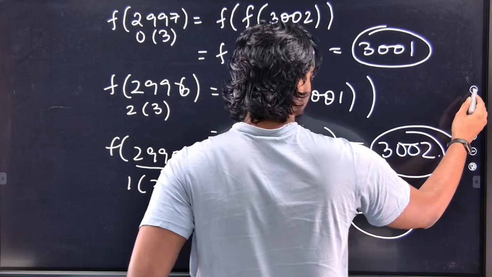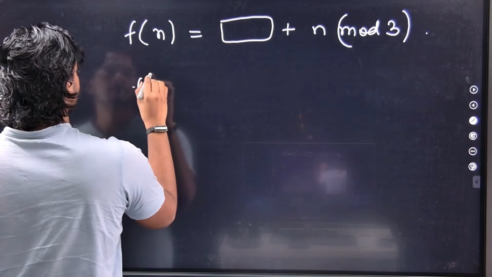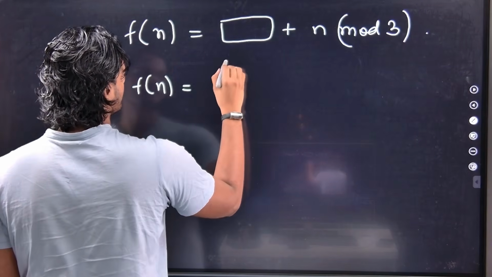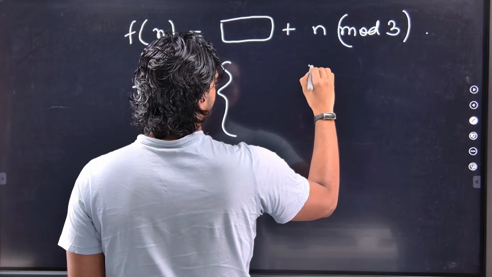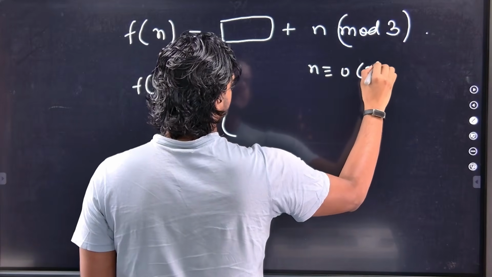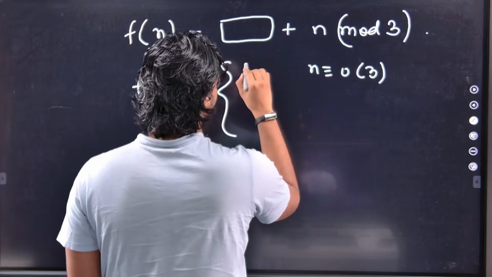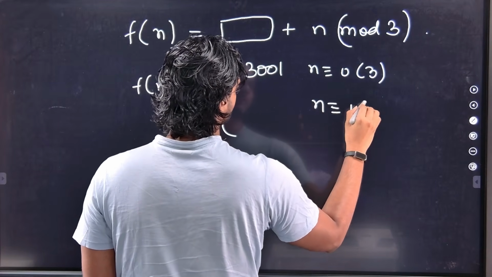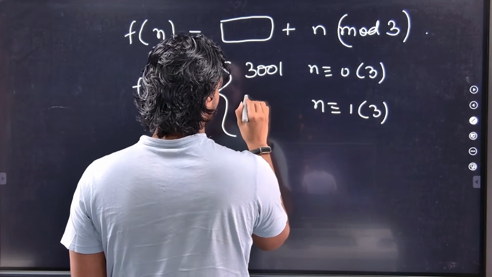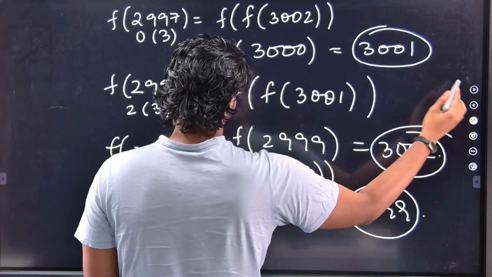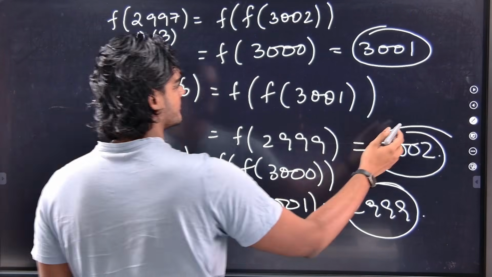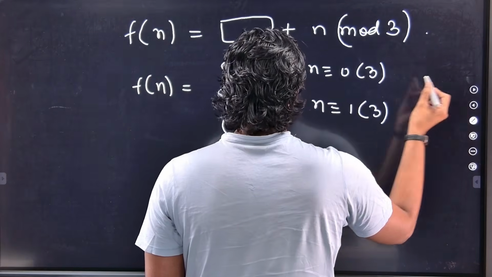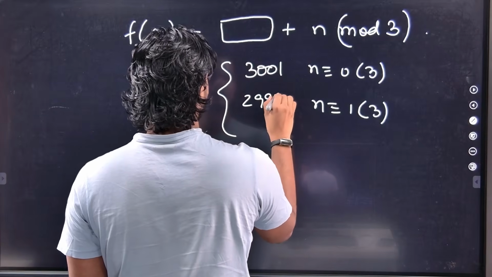So when it is 1 mod 3, you are having 2999. So I'll write it like this. If n is 0 mod 3, you have 3001. If n is 1 mod 3, you have 2999.